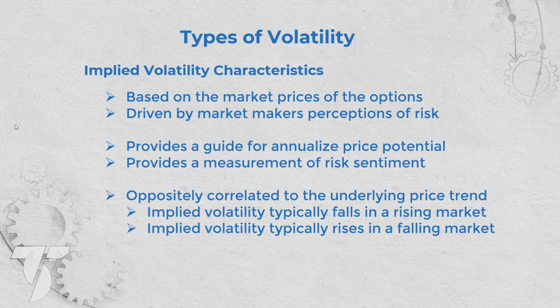One of the important aspects of implied volatility that you have to understand is that volatility is generally oppositely correlated to the underlying price trend. When the market is trending up, implied volatility tends to go down. There's less risk for the market makers when the market is constantly making new highs and trending upward.